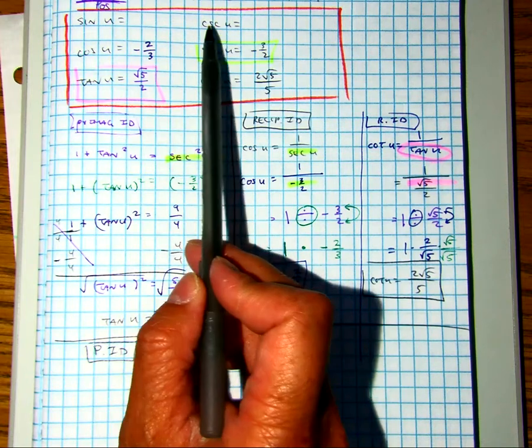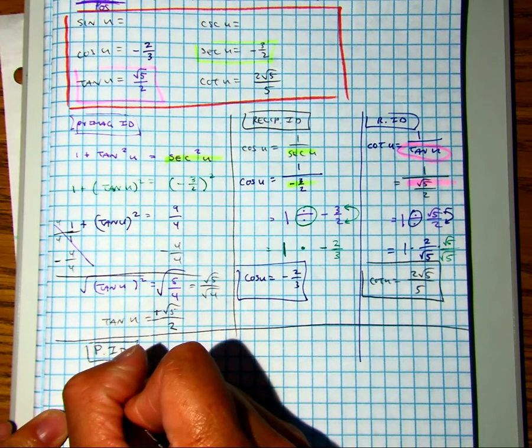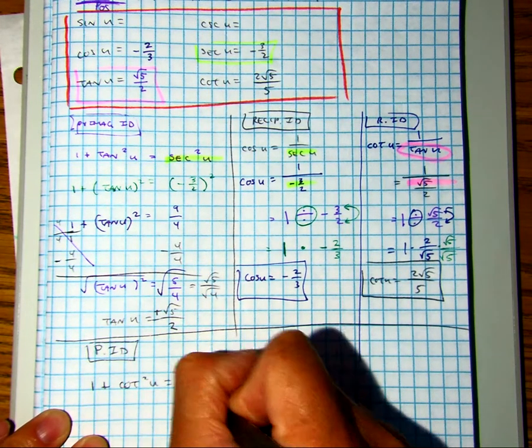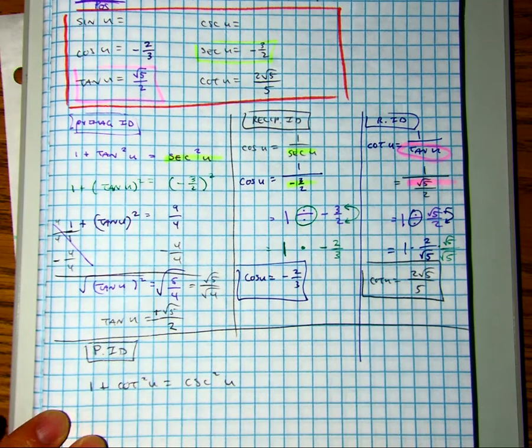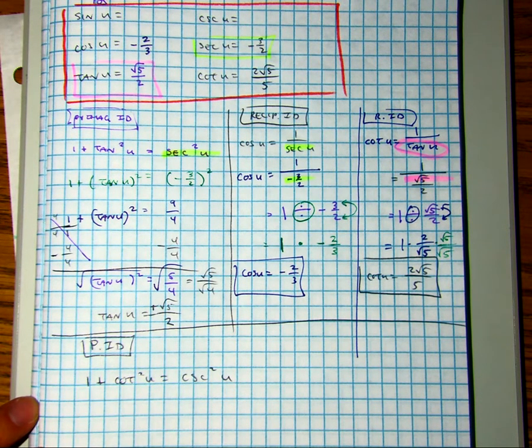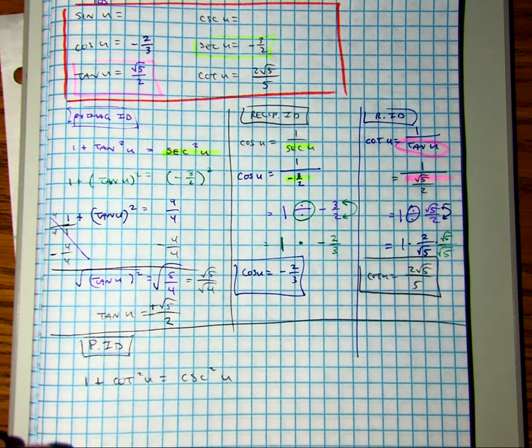So there is one that has specifically the cosecant. Oh, 1 plus cotangent squared u equals cosecant squared u. So it wasn't wrong to use the other Pythagorean identity, but I would have to use the quotient identity with it. So in some ways, this is kind of shorter. We're always thinking of being more efficient.